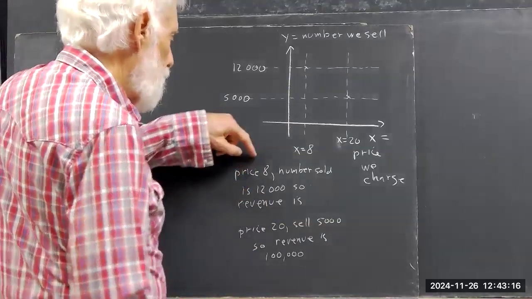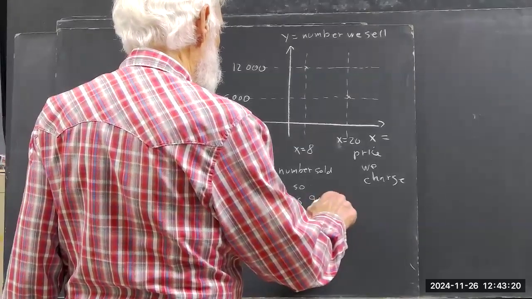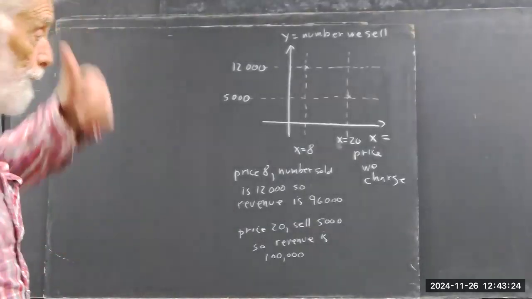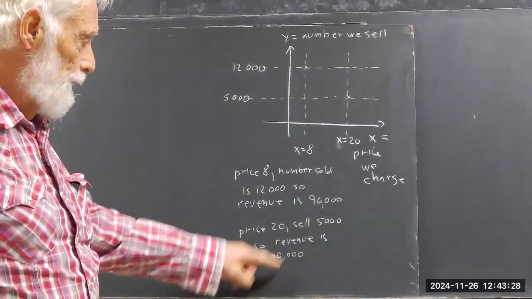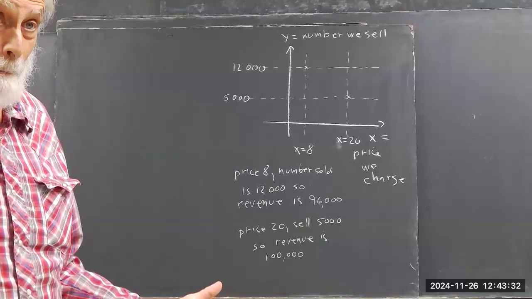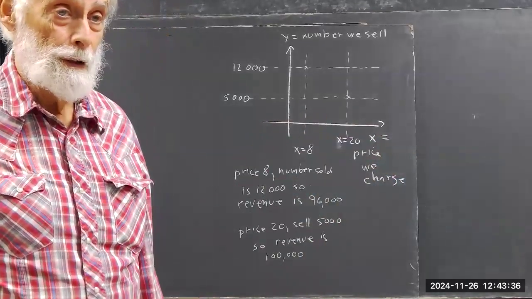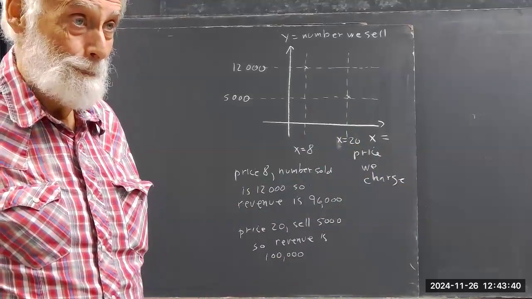Now, if I multiply price 8 by 12,000, revenue is 96,000. So you might get the idea. There's not much difference between 96,000 and 100,000. So in this whole price range from 8 to 20, you might start thinking, well, it doesn't matter much what I charge.